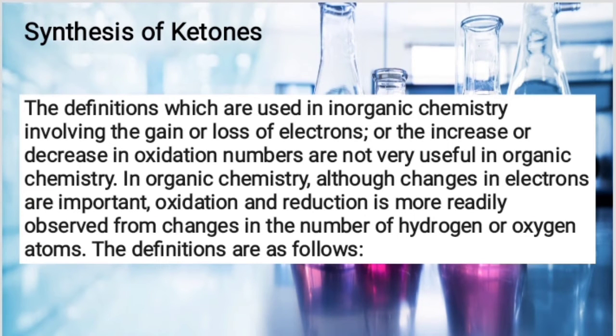The definitions which are used in inorganic chemistry, involving the gain or loss of electrons, or the increase or decrease in oxidation numbers, are not very useful in organic chemistry. In organic chemistry, although changes in electrons are important, oxidation and reduction is more readily observed from the changes in the number of hydrogen or oxygen atoms.